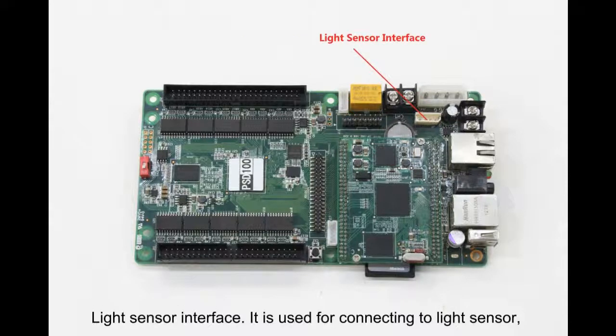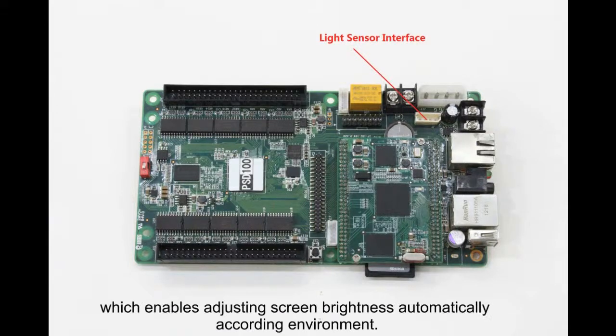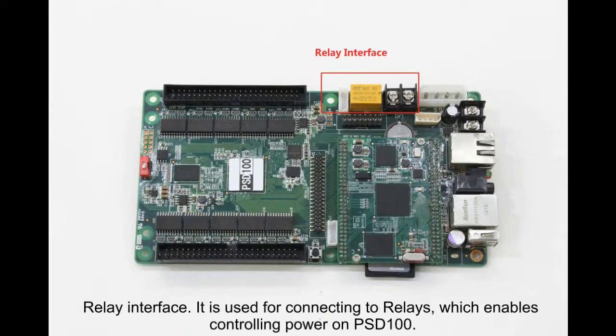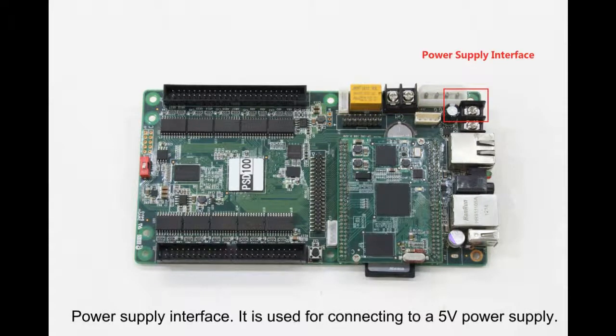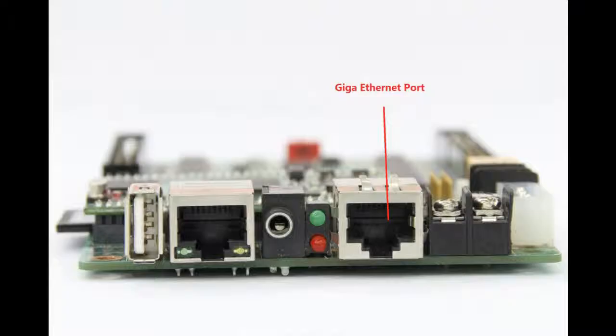The LED sensor interface is used for connecting to an LED sensor, which enables adjusting screen brightness automatically according to the environment. The Relay interface is used for connecting to relays, which enables controlling power on PSD100. The Power supply interface is used for connecting to a FAT-V power supply.